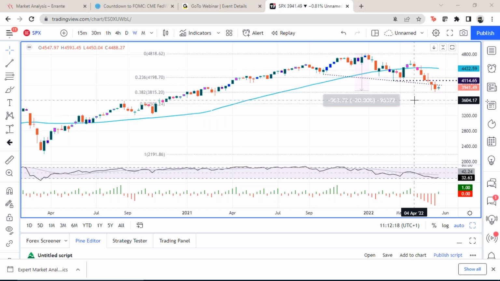For global stocks, I think it's 6 weeks or so of consecutive losses, and that's the longest losing streak since mid-2008. Just touching on that, obviously, we have had the Fed's efforts to fight inflation, which have brought higher interest rates, and that's put pressure on stocks pretty much since the start of the year.